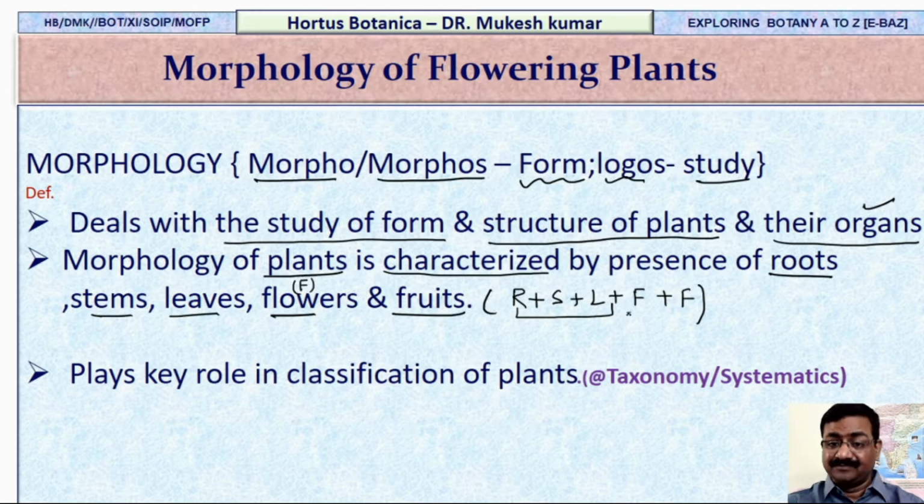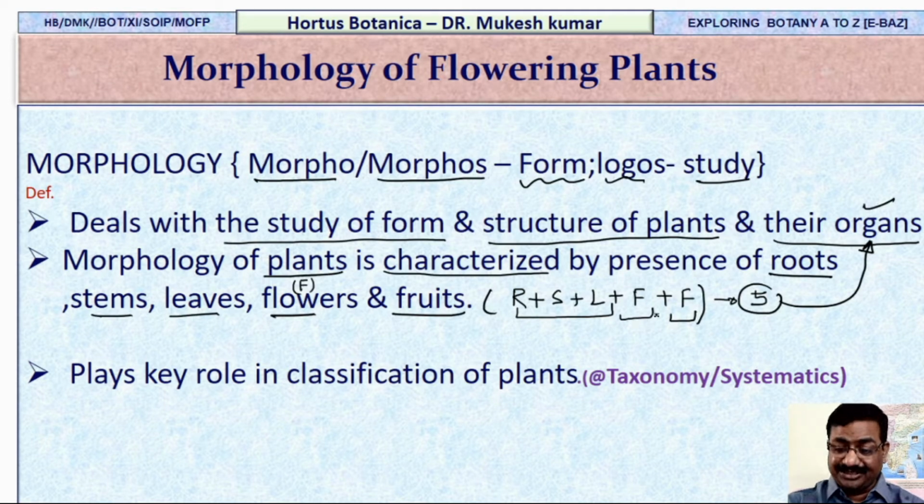But if you are going to add flower but not fruits, you are talking about gymnosperm, but finally when you add fruits, and fruit comes with the angiosperm only, right? So whenever you are going to characterize any angiospermic plant, you have to study at least 5 important organs, and these are root, stem, leaf, flower and fruits.